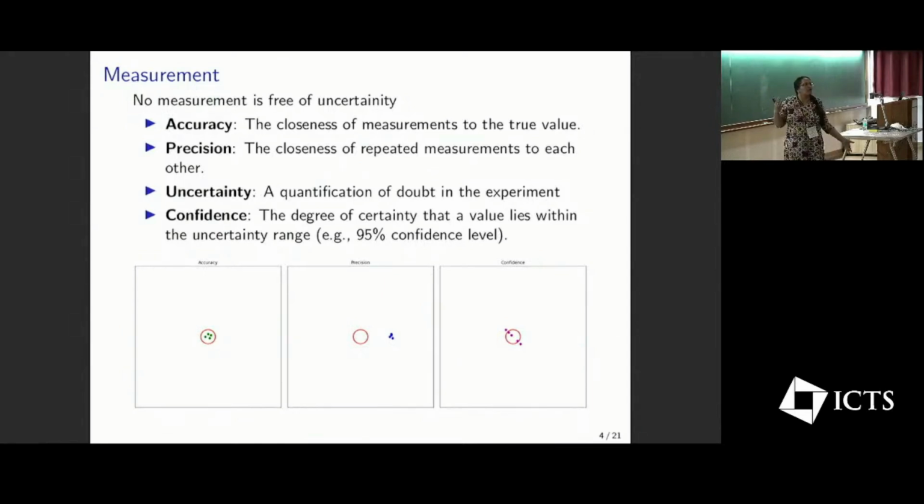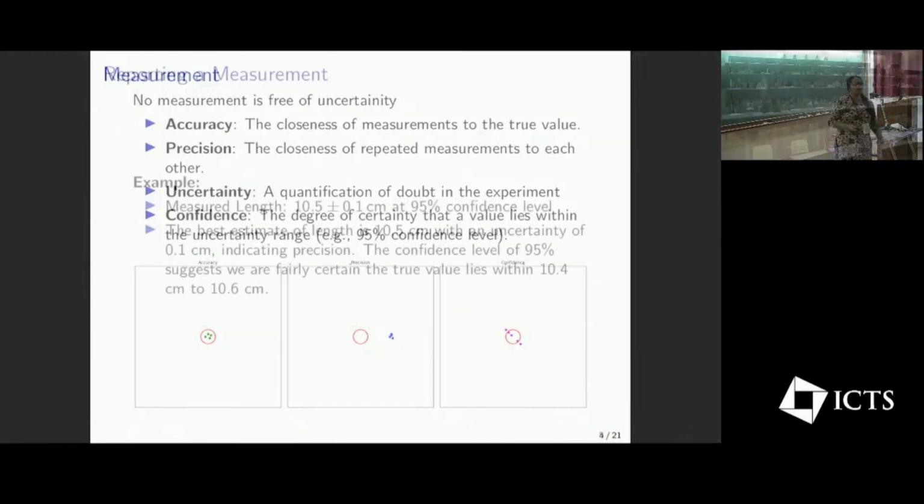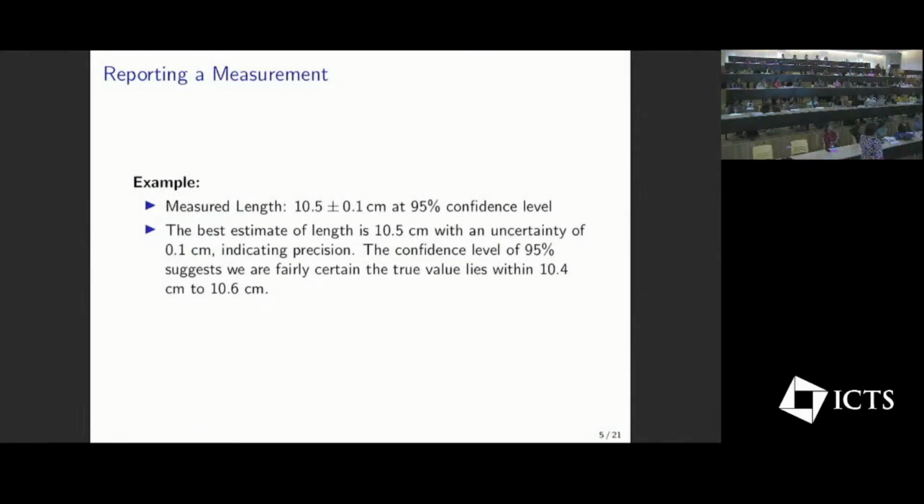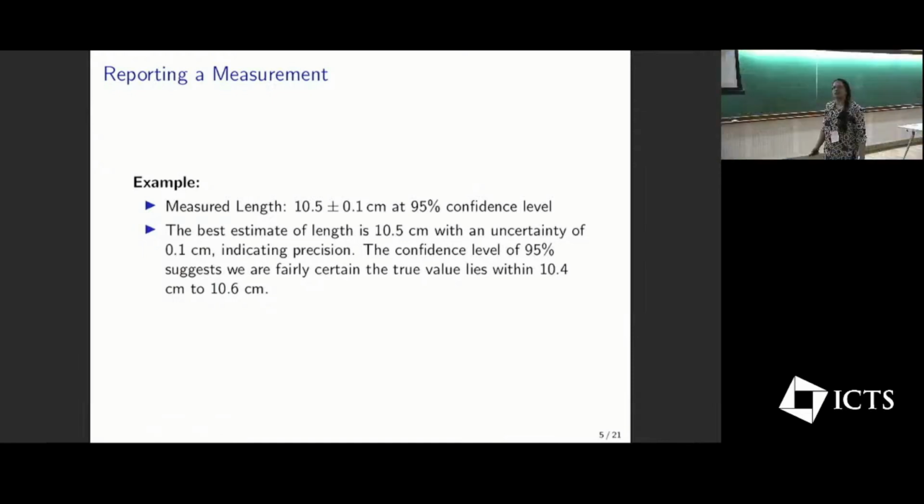But you wouldn't know that when you're doing an experiment. And confidence is related to the spread of the different measurements that you make. That was just to show you that they are not necessarily related to each other. They could be independent.